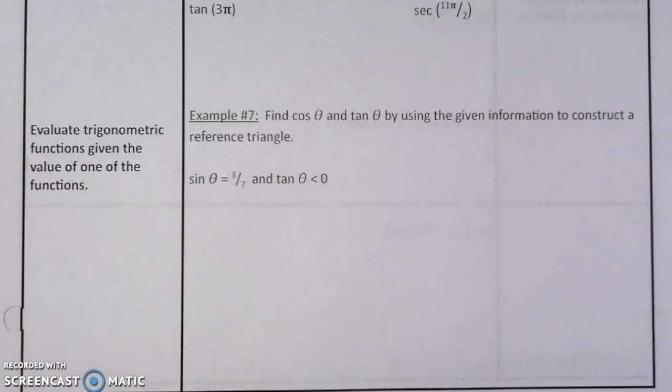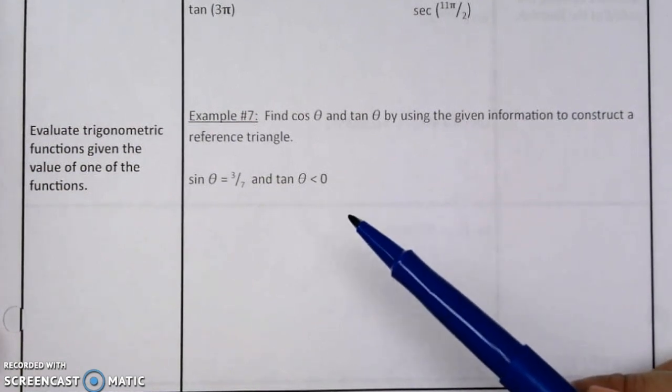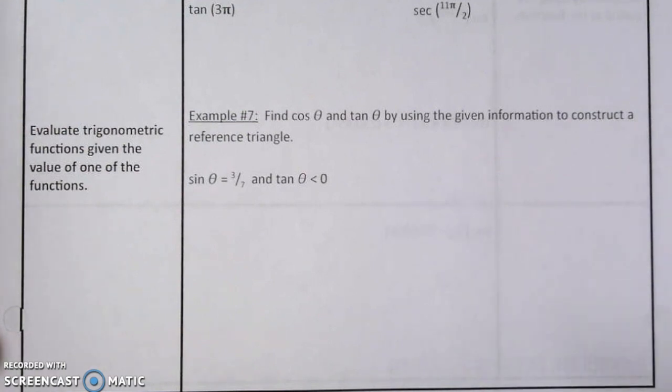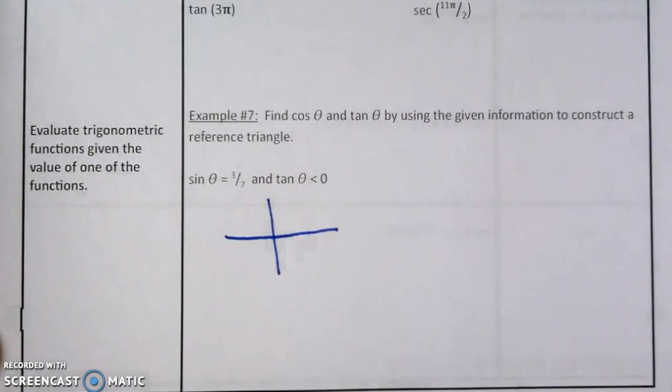For example 7, we're finding cosine and tangent of theta by using the given information to construct a reference triangle. Remember, a reference triangle is what we made in example 5, where it's the terminating ray to the x-axis. So given that sine of theta is 3/7 and tangent of theta is less than 0, so tangent is a negative value, we can discover what quadrant and then we can build our reference triangle.